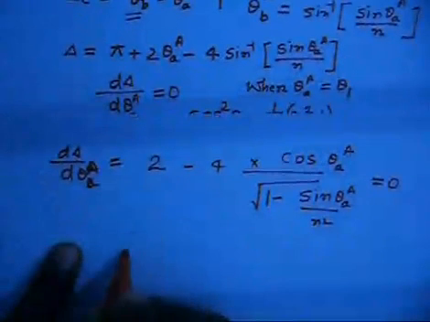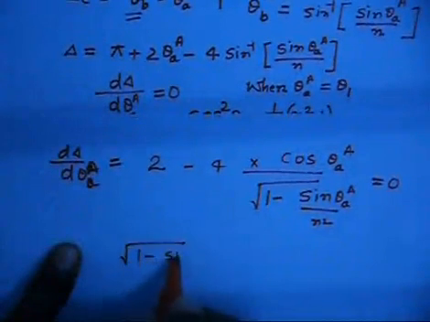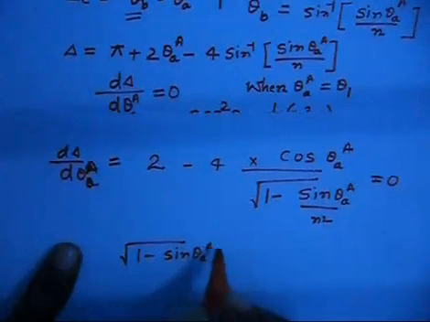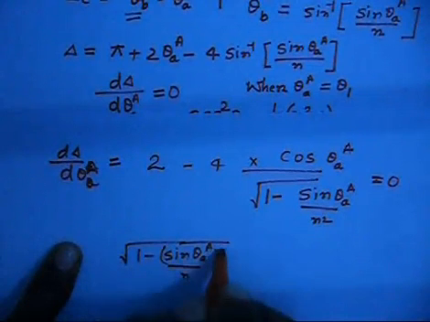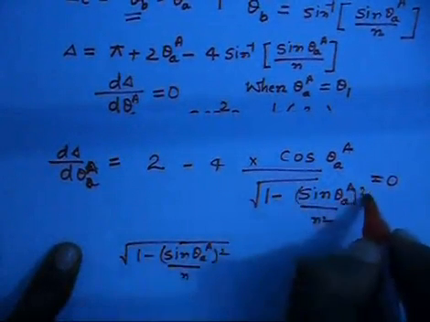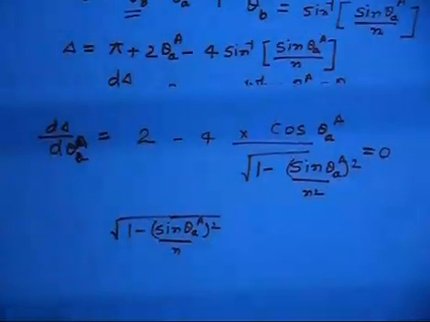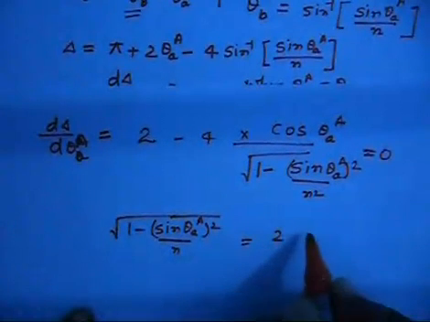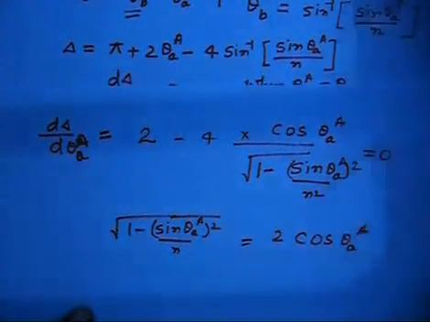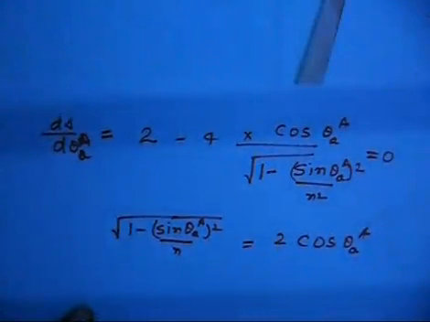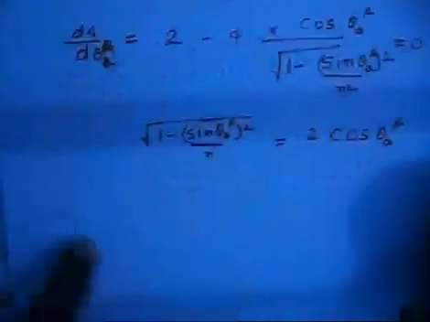So you will have root over 1 minus sine θA by n square. This is also a square, because the differentiation of sine of a square we have is equal to 2 times cos θA at A. Now let us say this maxima occurs when θA at A is equal to θ1. So I can have a solution for θ1 also.